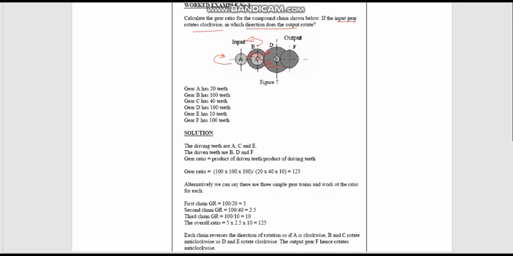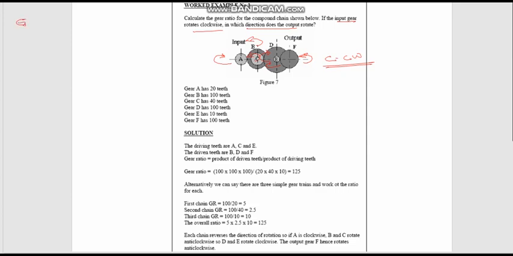And E is connected to F, and since E is in the clockwise direction, F must be counterclockwise. So we know that the output gear, which is F, will rotate counterclockwise.